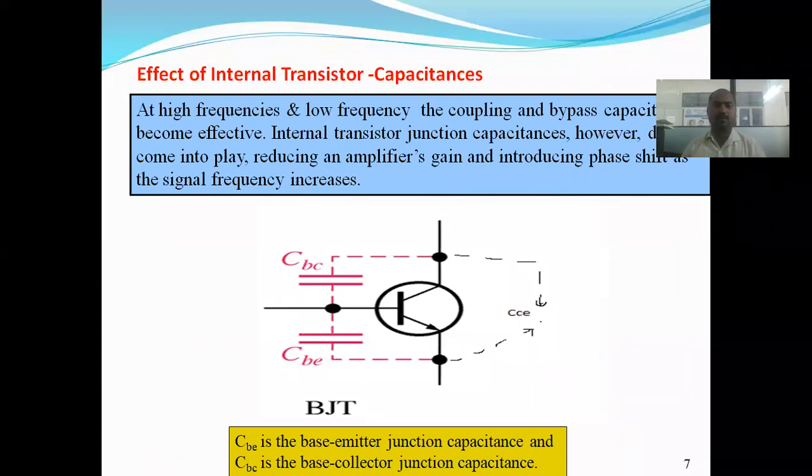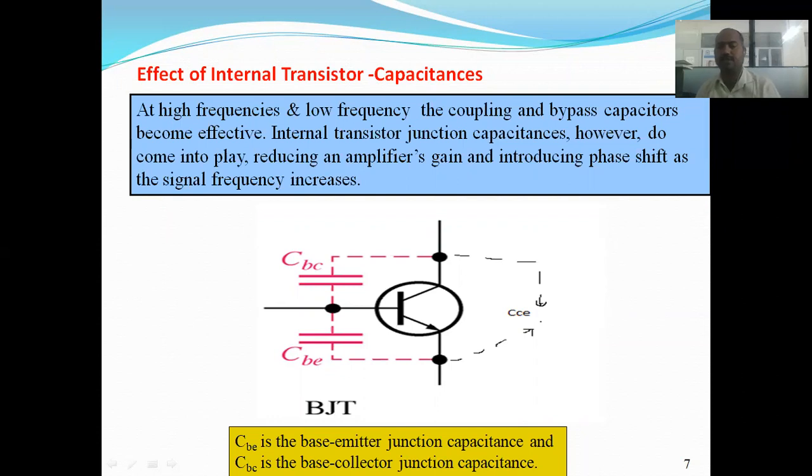See, the effect of internal transistor capacitors. I already told you about the effect of capacitors, that is, transistor capacitors. Transistor capacitors means what? When we are working with a transistor, normally there are two types of capacitors connected across the transistor.